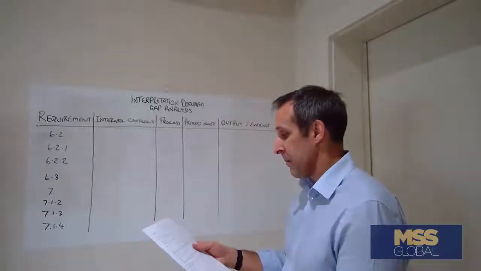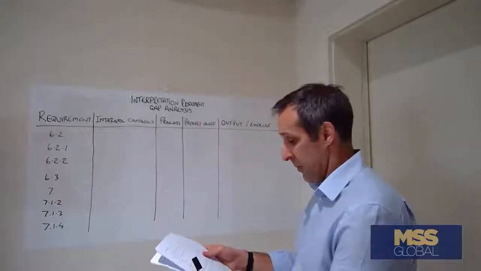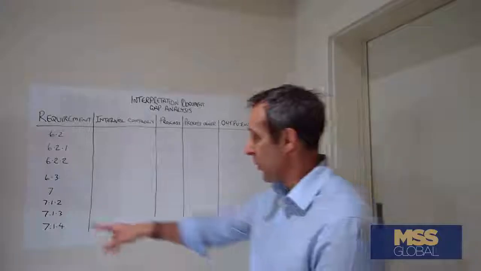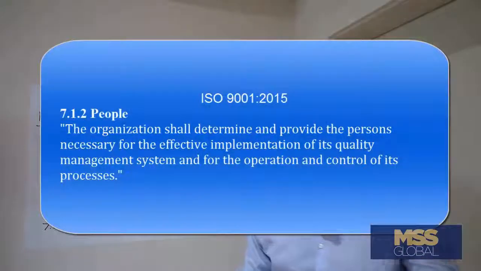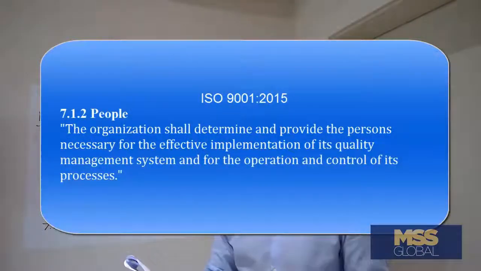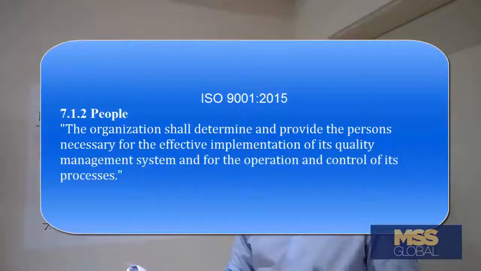So we might look at a particular requirement, for example, 7.1.2, people. The organisation shall determine and provide the persons necessary for the effective implementation of its management system and for the operation and control of its processes.